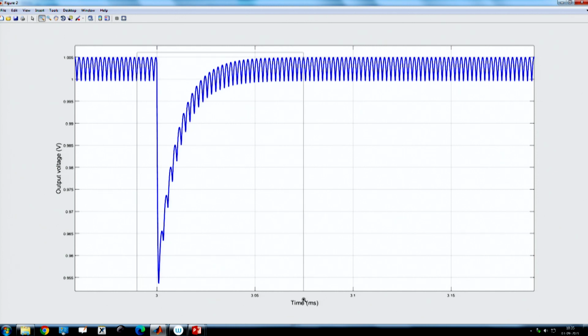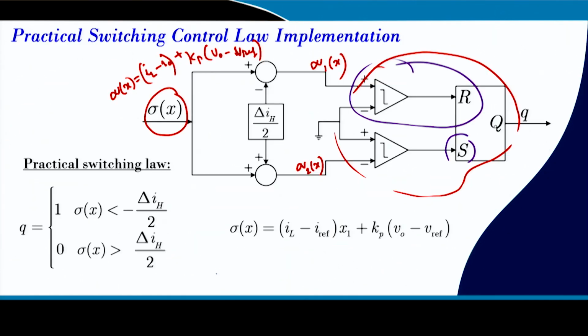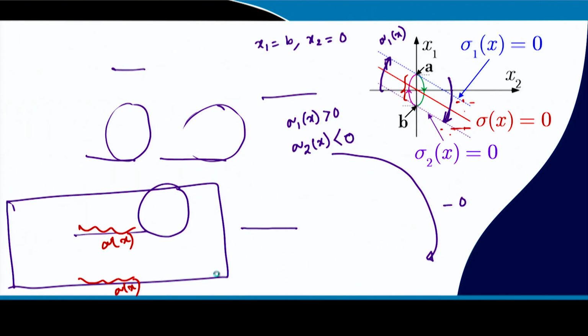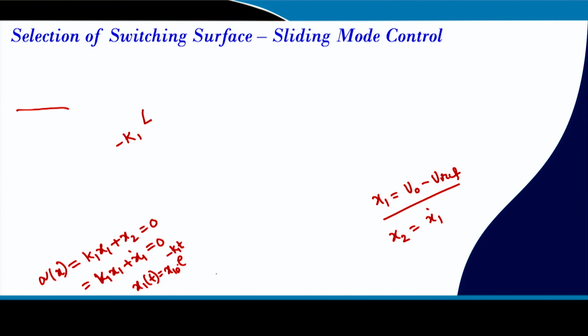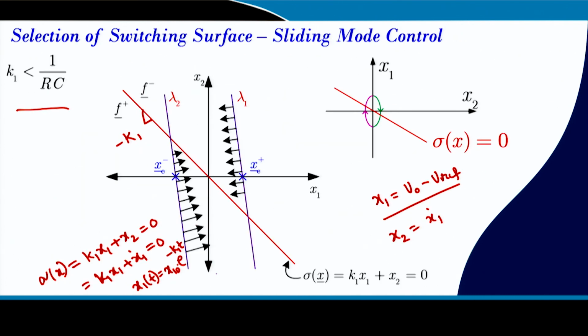So, it is kind of an overdamped system, similar to what we discussed in sliding mode control, where we considered a smaller gain. So, it will be an overdamped response, and more cycles it will take.